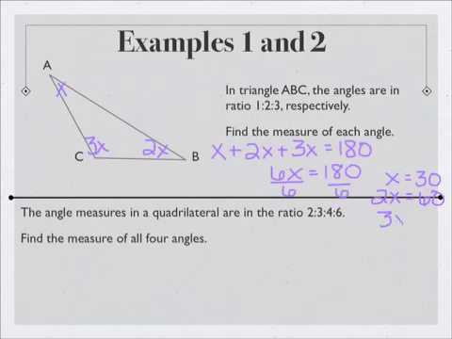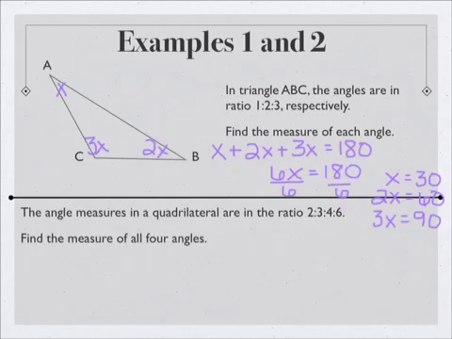And 3x would equal 90. Clearly my triangle over there is not really drawn to scale, but this should be a 30, 60, 90 triangle. And you could double check by making sure that these 3 angle measurements add up to 180, which they do.